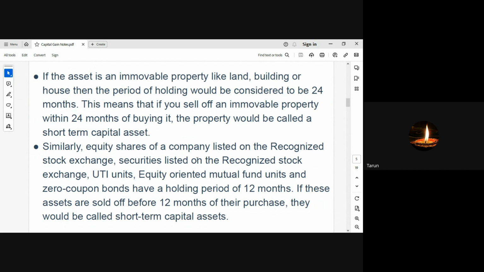It is all called short-term capital assets. So in short-term capital assets, it totally depends on the number of months. If it is 36 months or 3 years, it is termed a short-term capital asset.